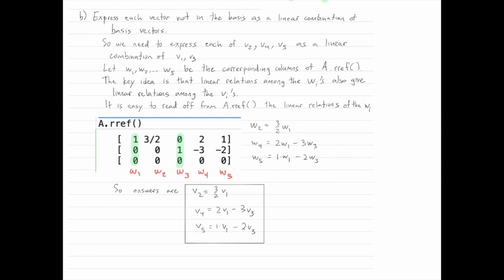Again, the V's were the columns of the original matrix A. And so, for example, this relation here implies that V2 is 3/2 V1. This one here says V4 is 2V1 minus 3V3. So we've expressed V4 as a linear combination of the basis vectors V1 and V3, and likewise for V5. So this is the answer here.